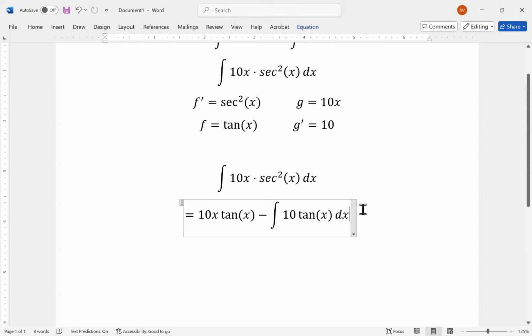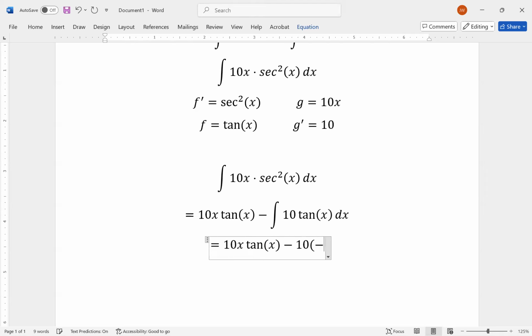So for right now, just trust me. And basically, I'm just going to say the antiderivative of tangent is actually negative natural log of cosine.